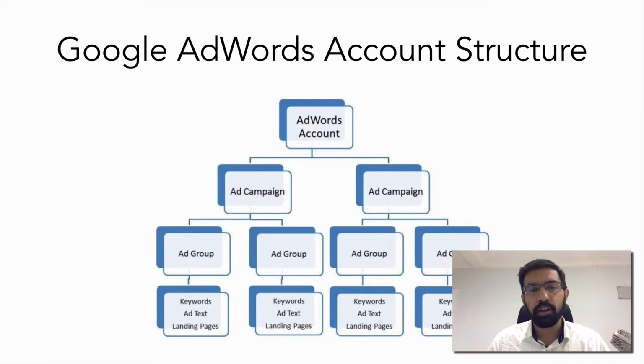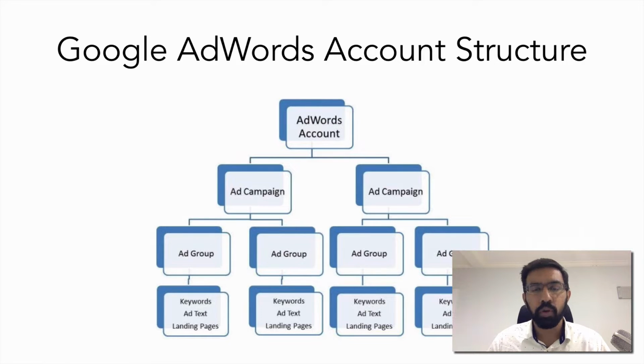And the next ad group could be for people looking for digital marketing training, or to learn digital marketing so that they can improve their business. So one set could be targeted to students, one set could be targeted to business people. These will have a similar set of keywords, landing pages and ad text.